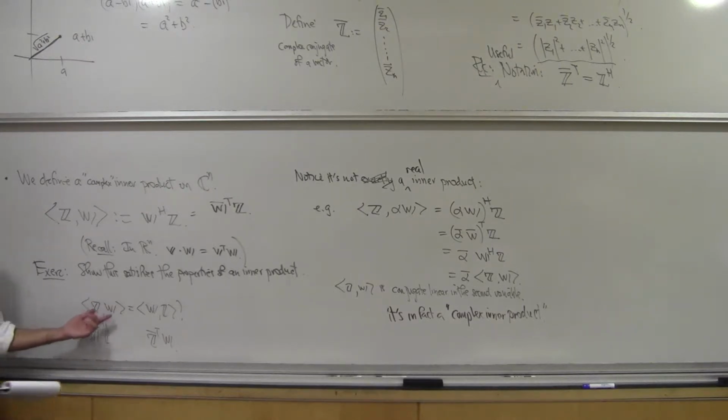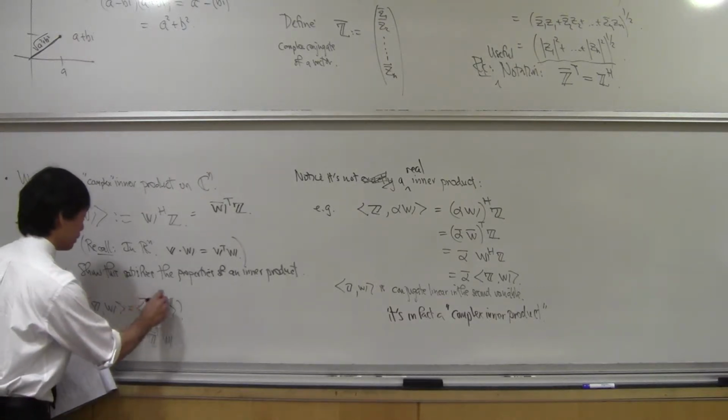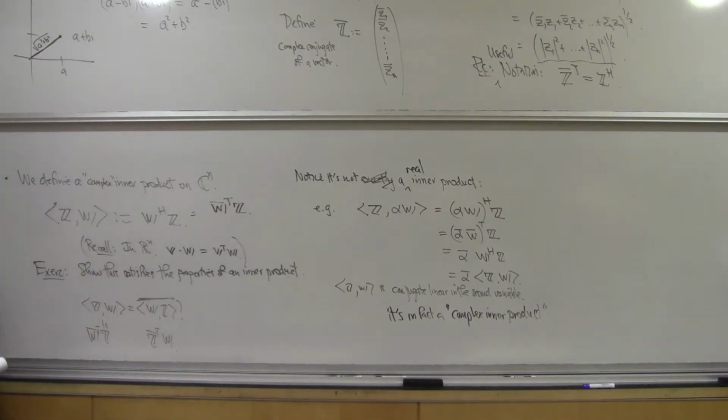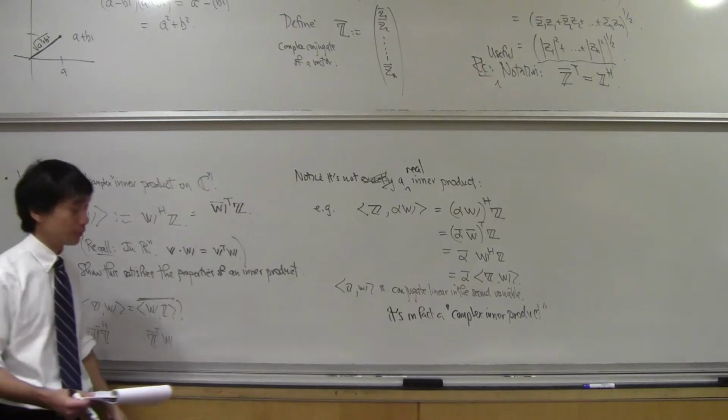So it's not equal. When you reverse the order, you get the conjugate. This is part of what we call a complex inner product. It's not a real inner product.